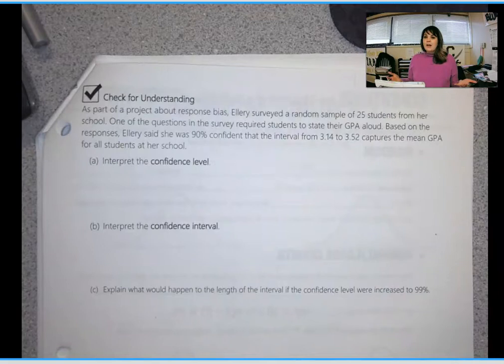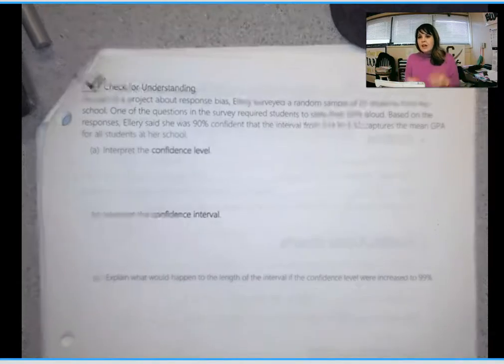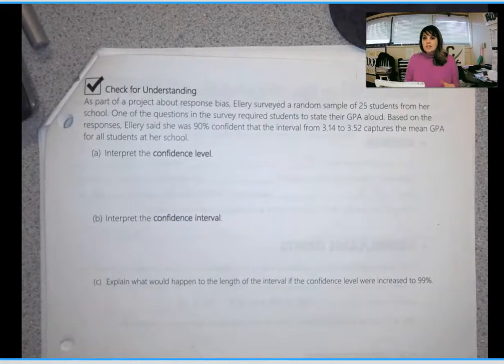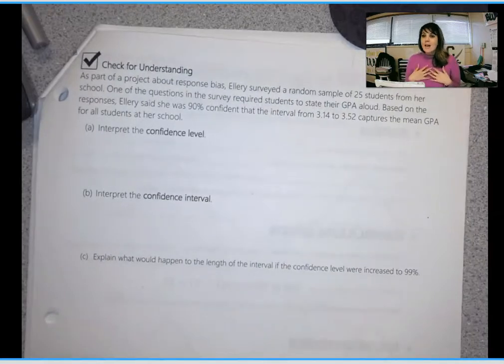Why is it so high, though? Well, either Ellery is at a private school and everybody's living their best life, or these kids are lying about what their GPA is. Well, why might they do that? If I had a low GPA, I might be embarrassed.